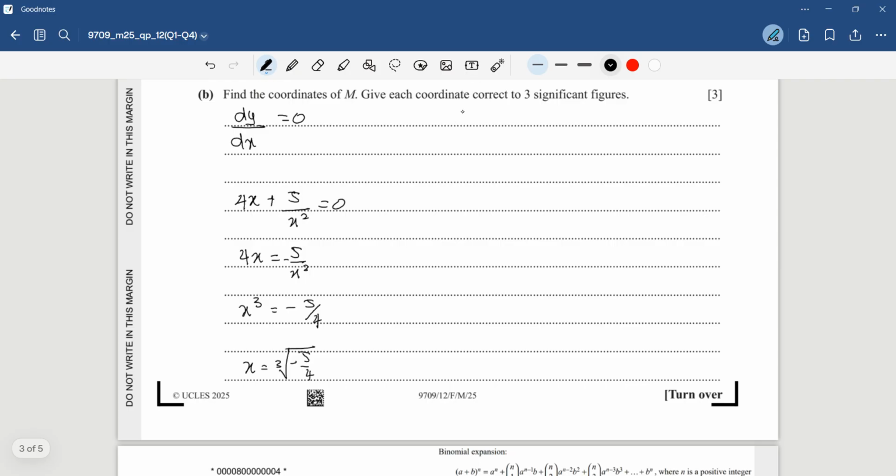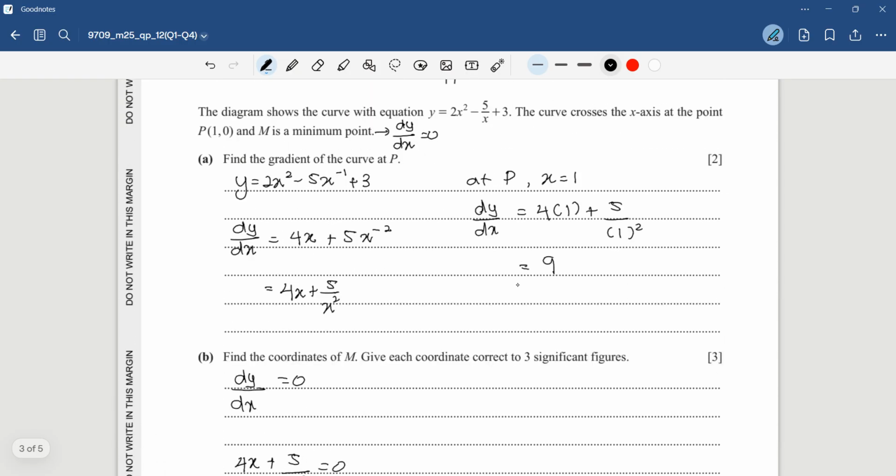Therefore, y equals 2 times the cube root of negative 5 over 4, squared, minus 5 over the cube root of negative 5 over 4, plus 3.